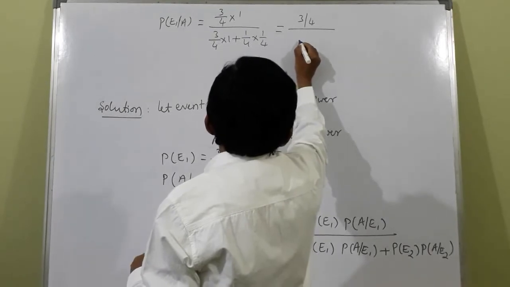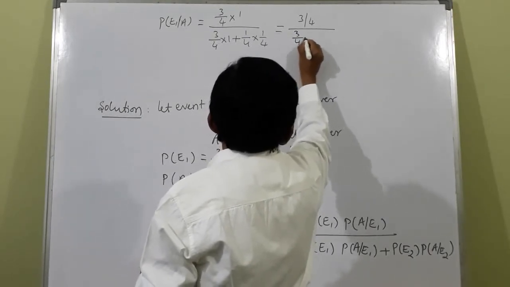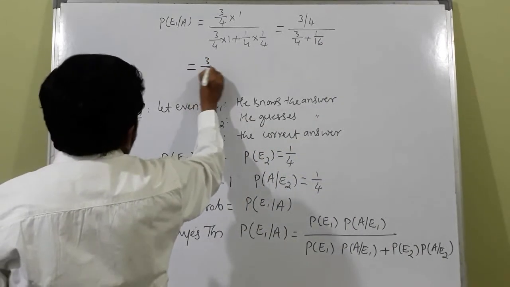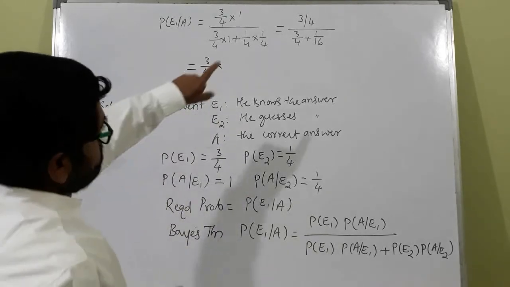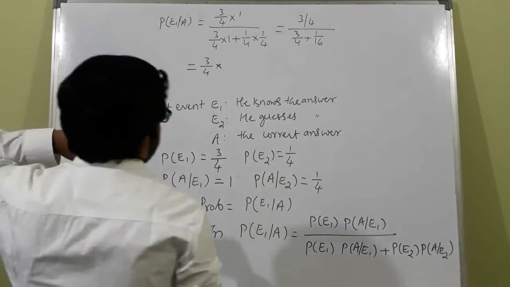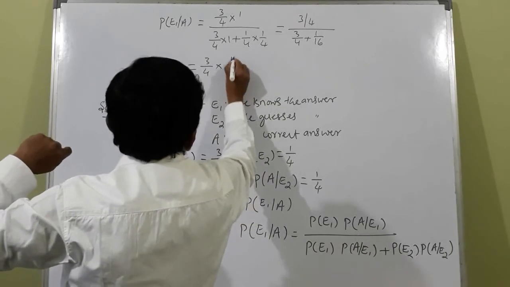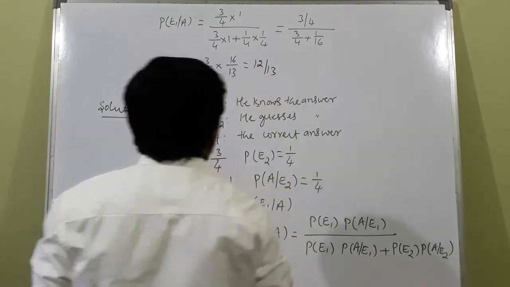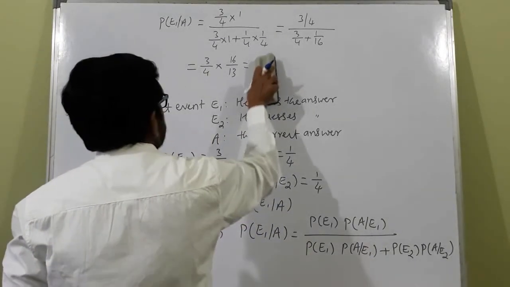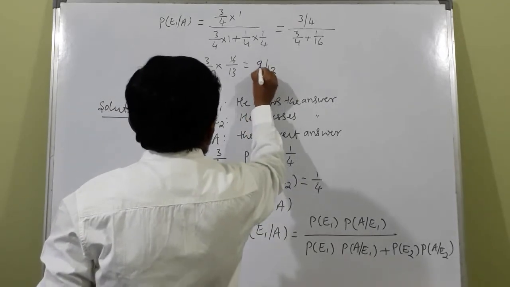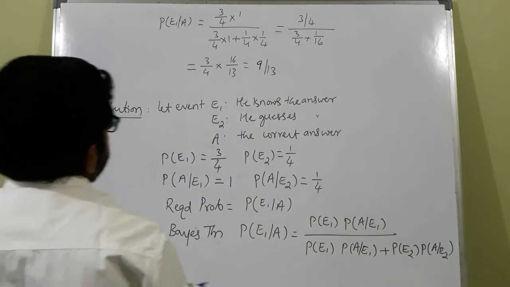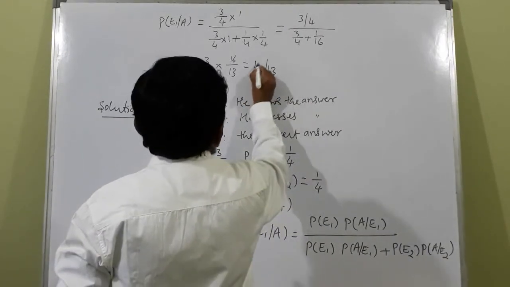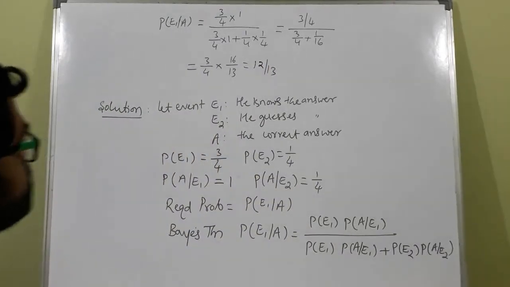If you take the LCM, that is 3 by 4 into 16... 4 4s are 12, oh sorry, 4 4s are 12 only. 12 by 13 is the required answer.